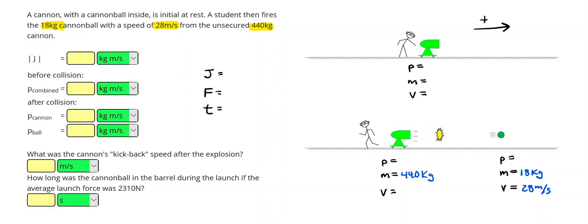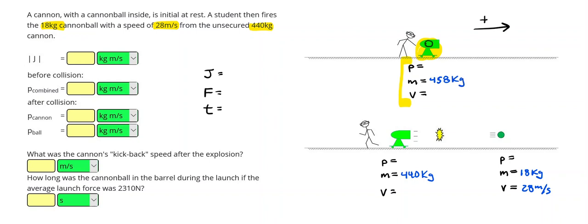Alright, so now the cannonball is inside the cannon. And this isn't going to matter a ton in this problem, but in other problems, make sure you're really careful. When the objects are combined, like they are right here, we write PMV just one time, and that mass is the combined mass. So in this case, it's going to be 458 kilograms.